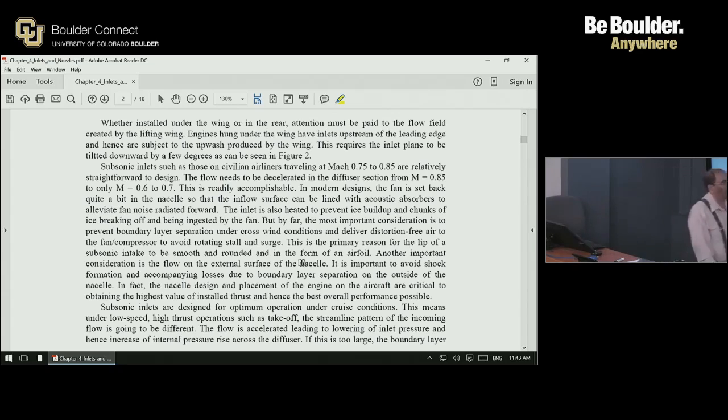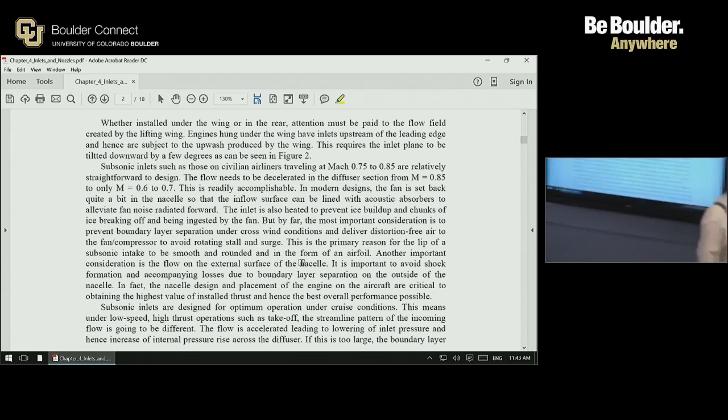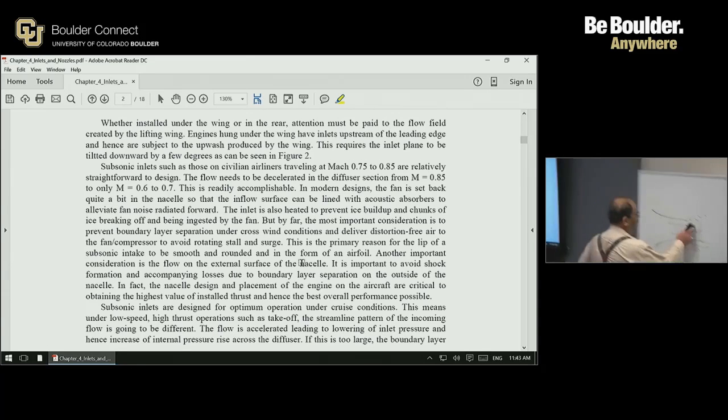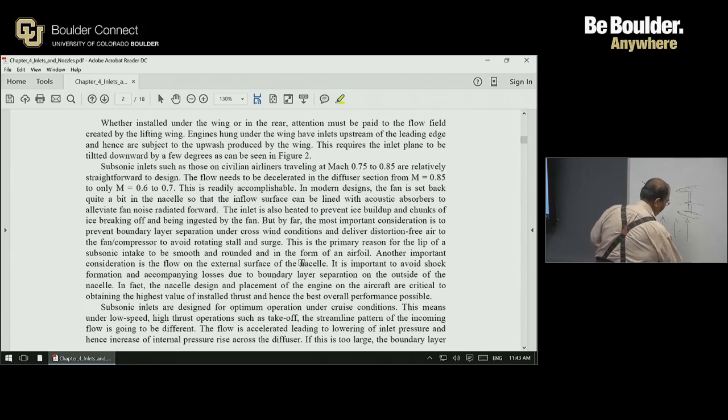One more thing to note is that in modern aircraft design, the fan is mounted well to the rear of the inlet.